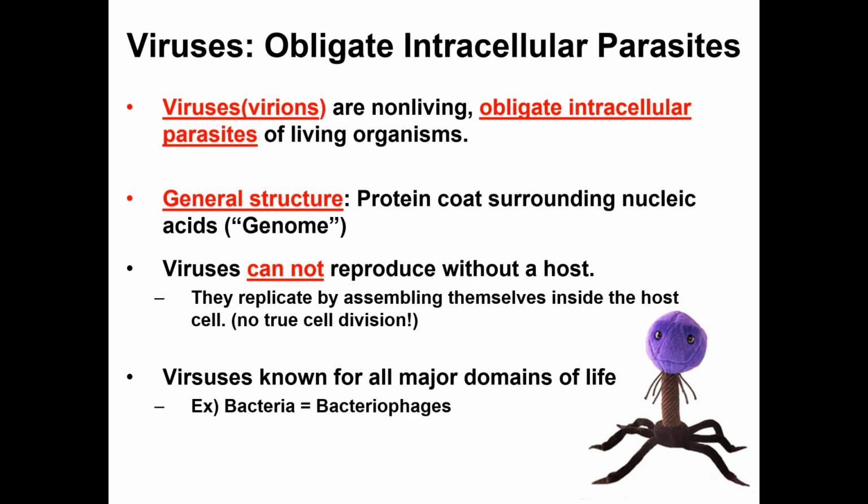They cannot reproduce without a host. They don't have the means to do it, but you do. They take advantage of the machinery in your cells. So we call them obligate intracellular parasites. Obligate, they have to have something. Intracellular, within cells. Parasites, they parasitize your cells.